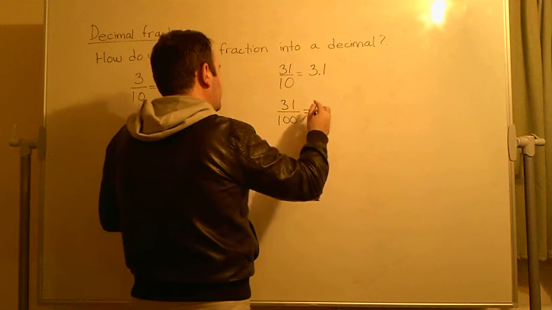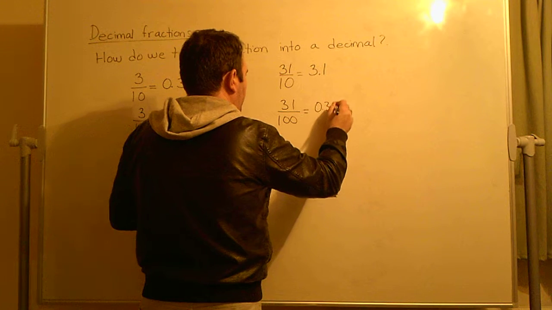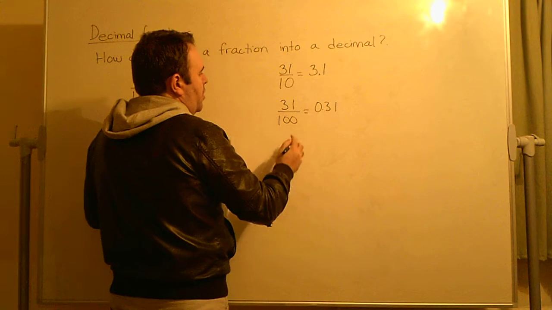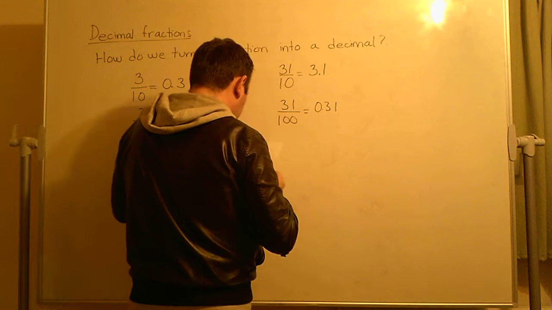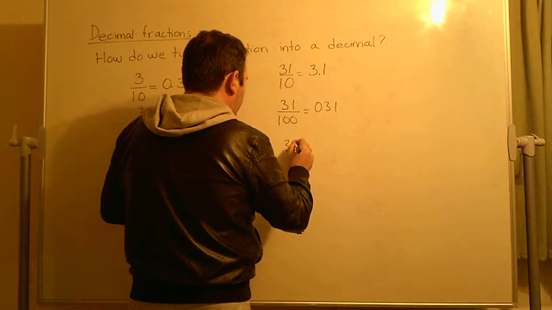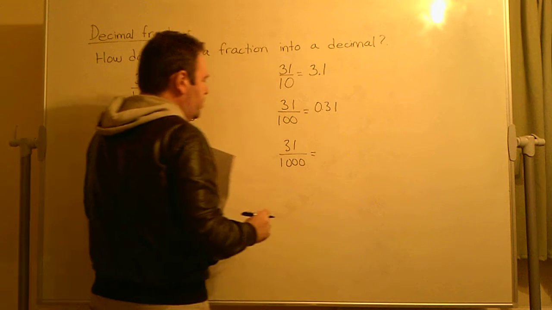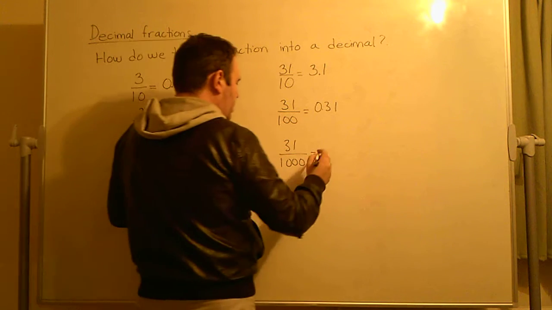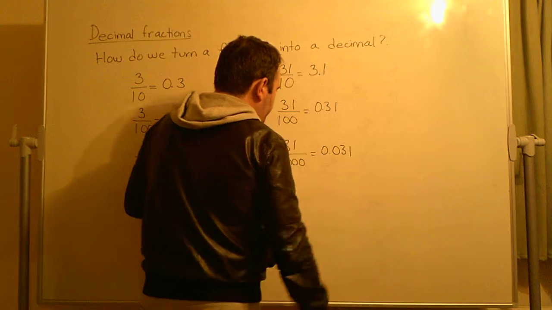That would be 0.31. Why? Because we need to take 2 places. Or 31 thousandths. In this case we need to take 3 places, so 0.031.